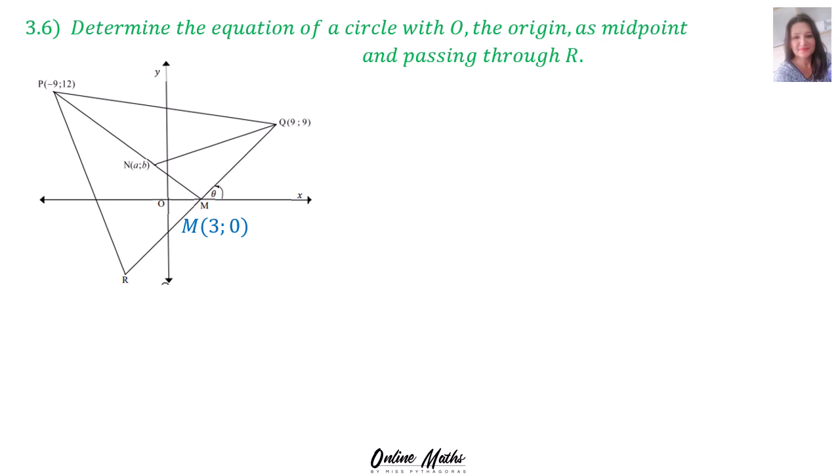3.6. Determine the equation of a circle with O, the origin, as midpoint and passing through R. Yikes. Okay, what's happening here? Suddenly there's an invisible circle. So there's your O, that's the origin, and that is your circle's midpoint. So there at point R, we will find the circumference of a circle.